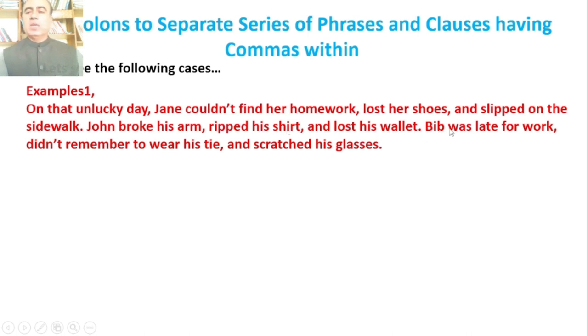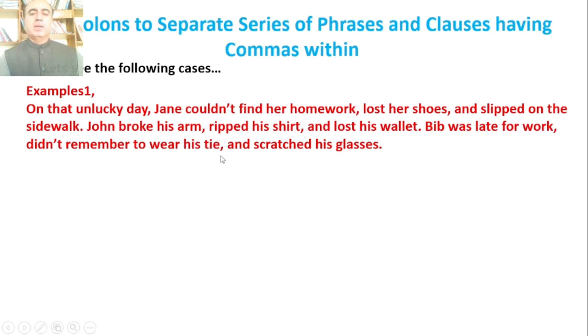So three cases. Bibb was late for work, didn't remember to wear his tie, scratched his glasses. So in three different sentences, there are series of phrases. These series have commas within. They are internally punctuated.